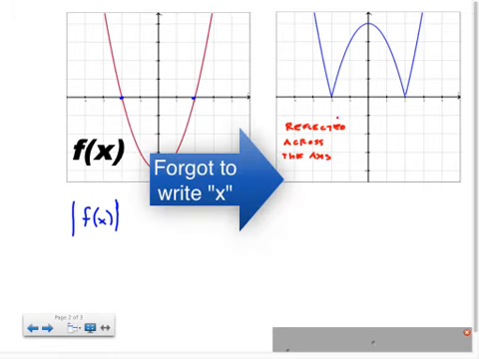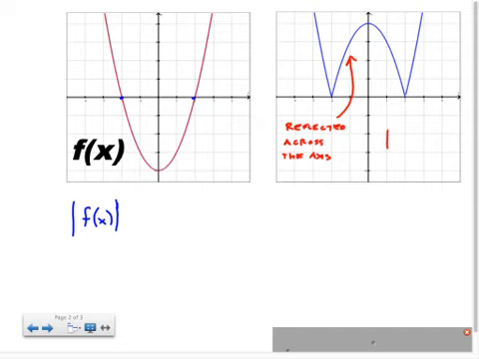Okay, this portion here that was negative in the original graph got reflected across the x-axis when we did the absolute value function. Okay, so what we really have here is two scenarios. Okay, so the absolute value of f of x becomes a piecewise function.